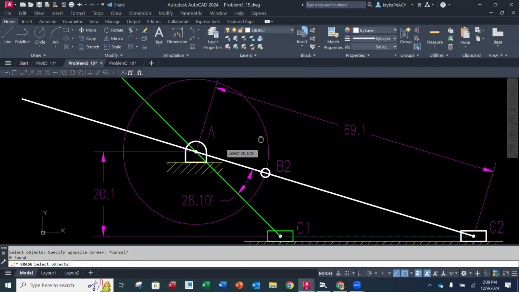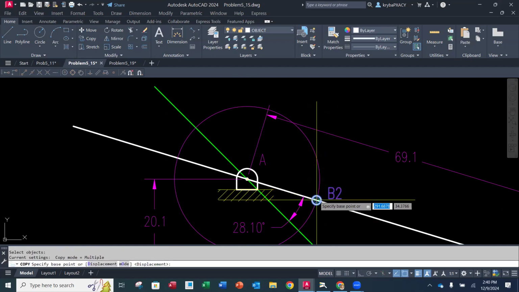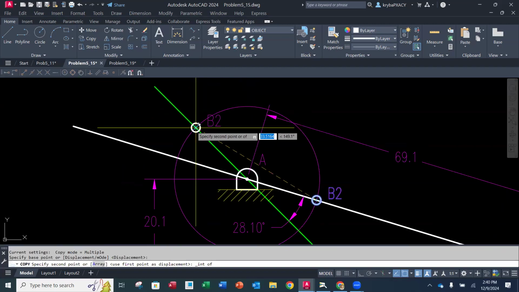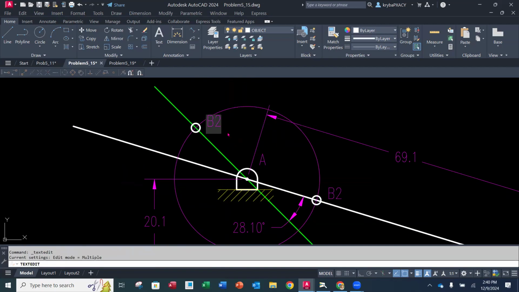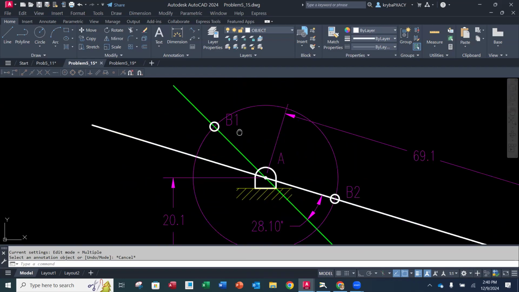I'm going to leave it for right now because then I can put that same joint from here up to this intersection. And that's going to be actually B1. So that's going to be where it crosses over and it's going to be in line with C1 where it overlaps.